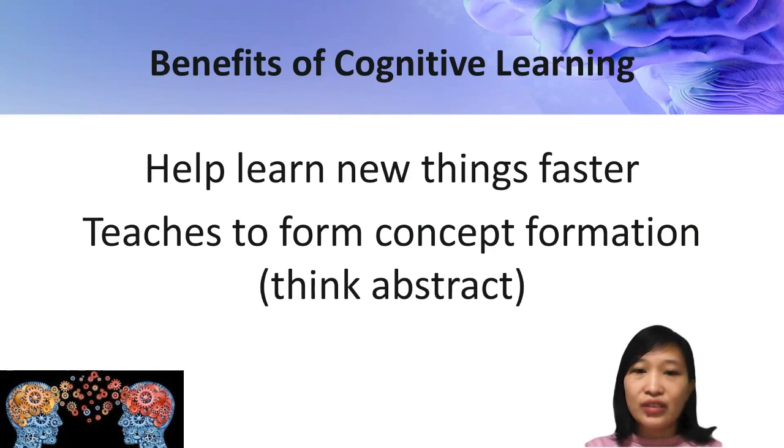And we have the sixth, teaches to form concept formation or think abstract. Cognitive learning can also teach your learners to form a range of different concepts, such as easily perceiving and interpreting information that could boost creativity and lead to innovations in education. So those are the benefits of your cognitive learning.